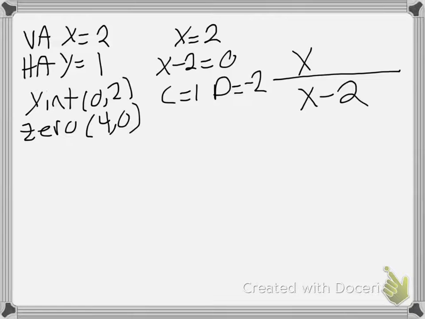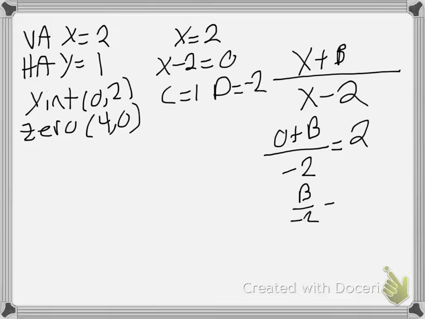Well, how can I get a y-intercept of 2? So if I put in 0 for x, and I have plus b, I have 0 plus b over negative 2 equals, and my y-intercept is 2. So if that's the case, I have b over negative 2 equals 2.